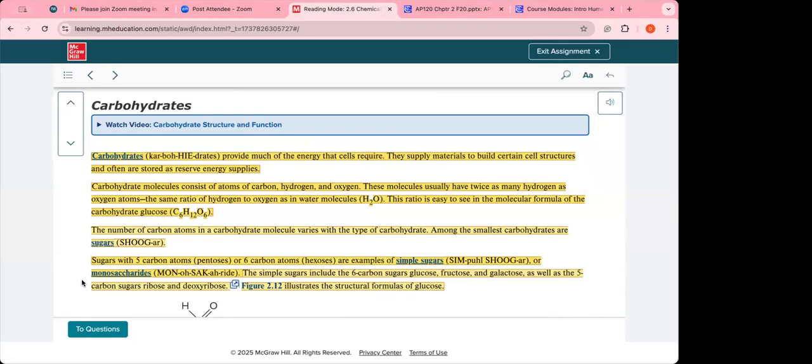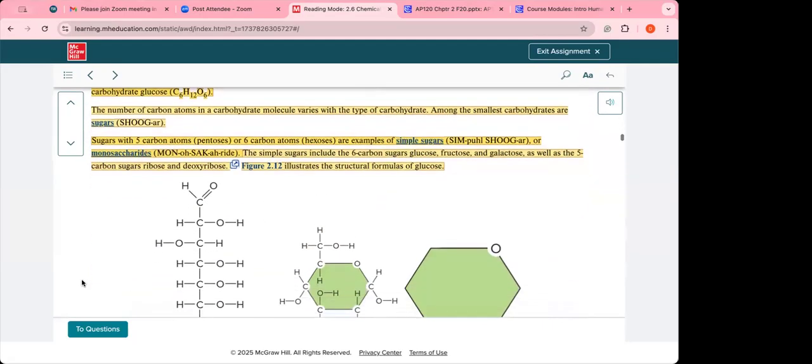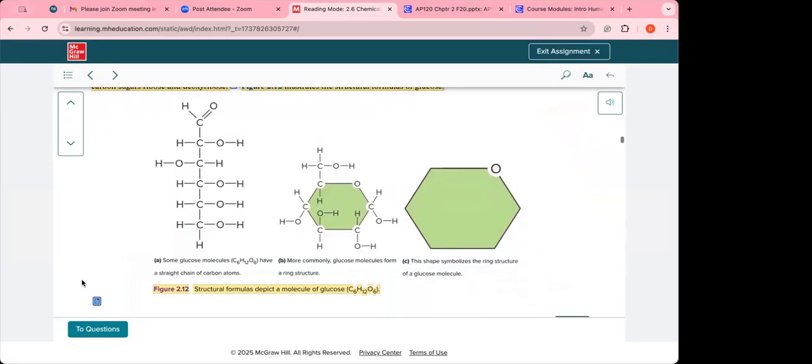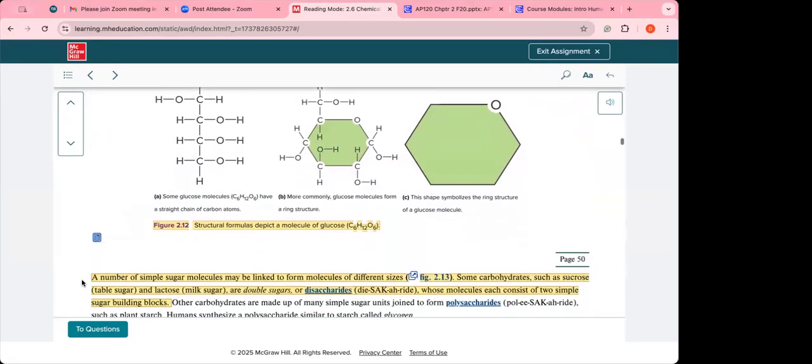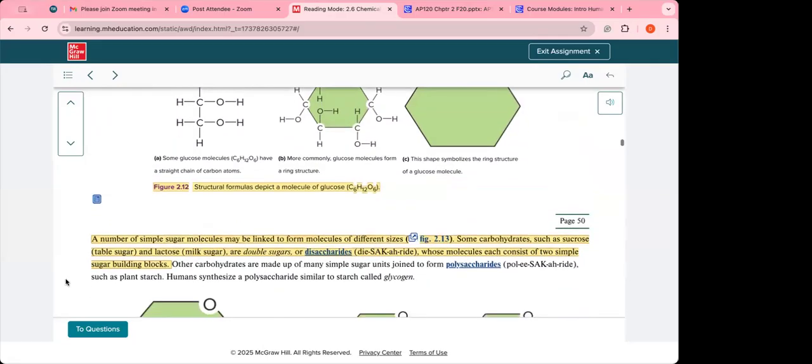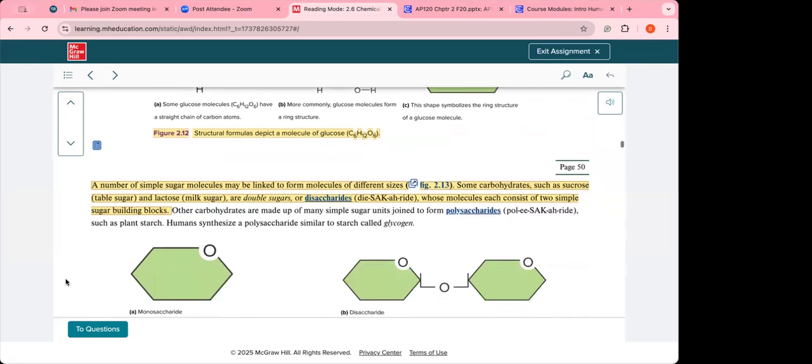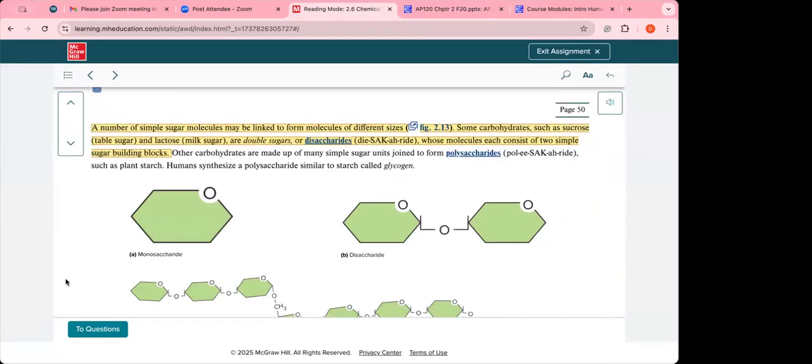Do they have any other chemical formulas for anything else? Let's look. Some glucose molecules, C6H12O6. A number of simple sugar molecules have disaccharides. Okay, scroll down so I can see the chemical formula for it.